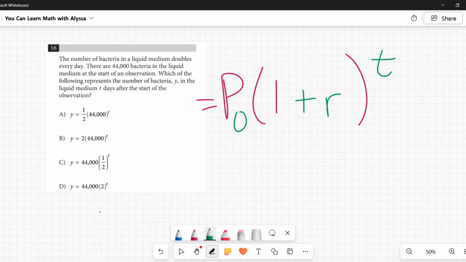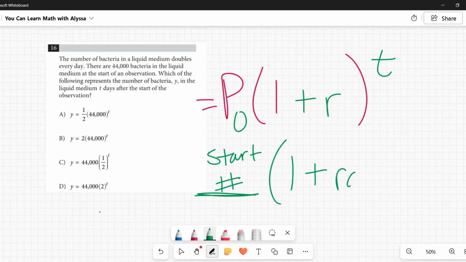This is the only one I've seen recently that they want you to know off the top of your head. And here are the parts again. P sub 0 is your starting number, the beginning of the population. This R is your rate, and this is your percent, and it can also be written as a decimal, 0 point something. And it could be plus or it could be minus. The plus is when it is increasing. If it's minus, it's decreasing.